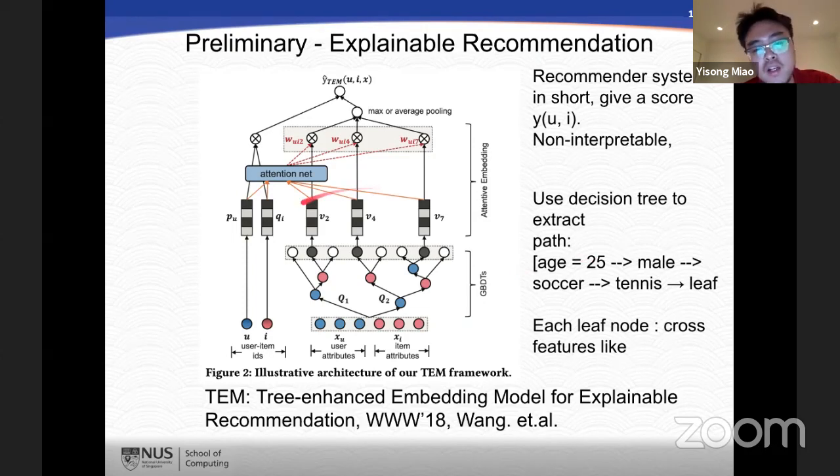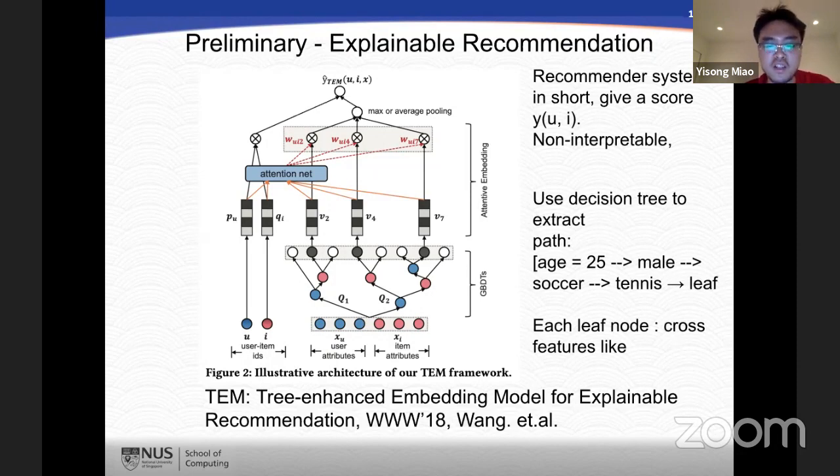So with 100 trees, they will obtain like 300 leaf nodes, and plus the user and item embedding, there are 302 embeddings to fit to the attention net. I think maybe it's still tolerable. Okay, clear, Hengchang? Thank you, Hengchang.